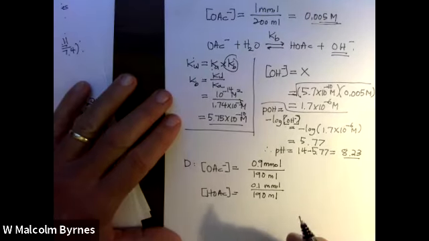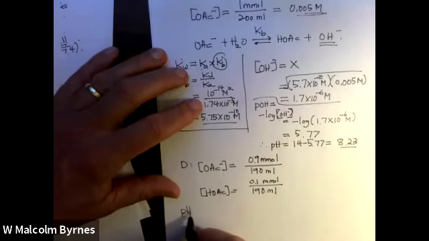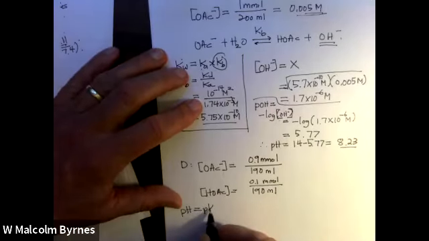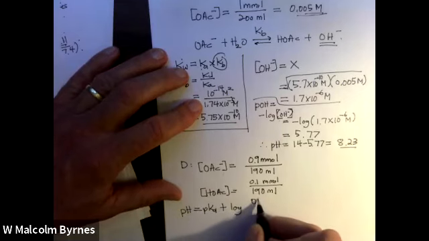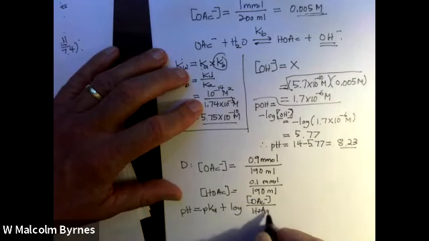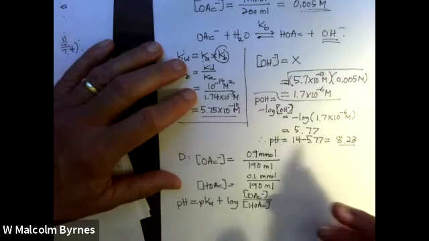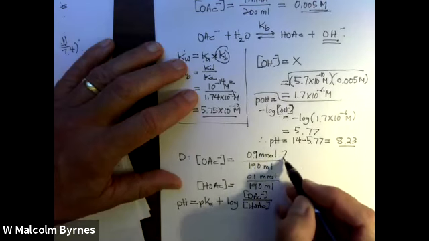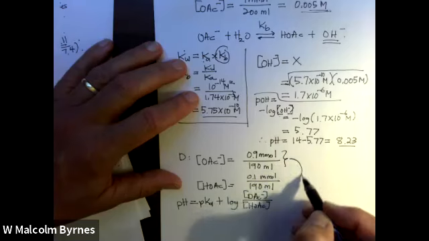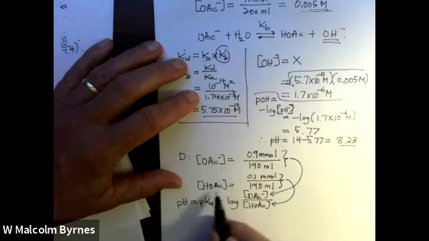And plugging this into the Henderson-Hasselbalch equation, we can calculate the pH. pH equals pKa plus the log of OAc minus concentration divided by HOAc concentration. We just plug these values in here. This is OAc minus, and this is HOAc.